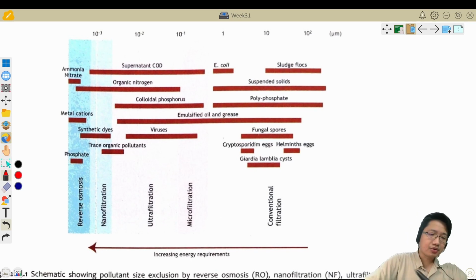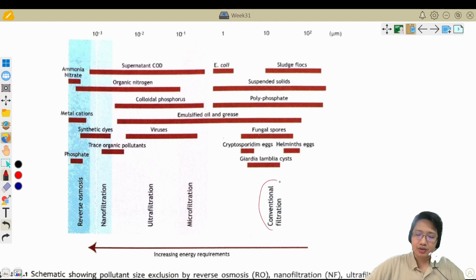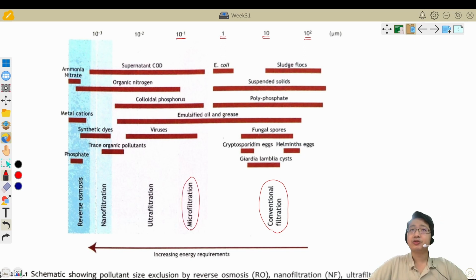Okay, so about the conventional filtrations, using the sand filtration or other types of granular filtrations, they focus on particles at the level of about 10 to 100 micrometers. But if you are using membranes, they go down to below 1 to 0.1 micrometer. This is for microfiltration.